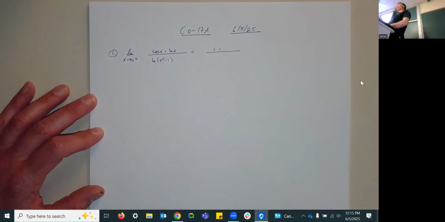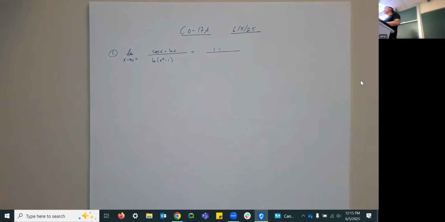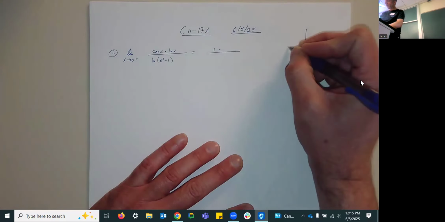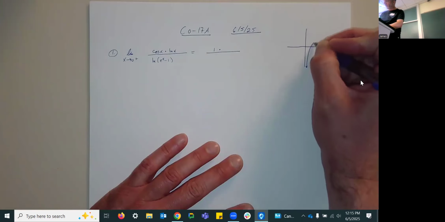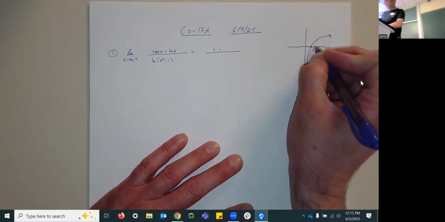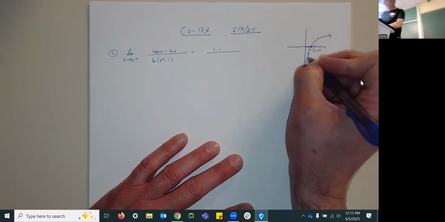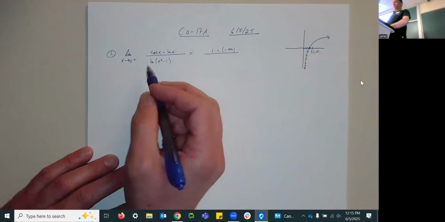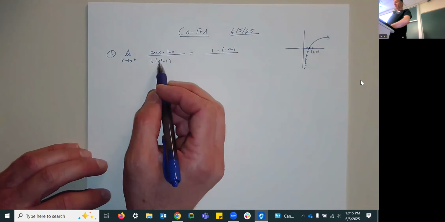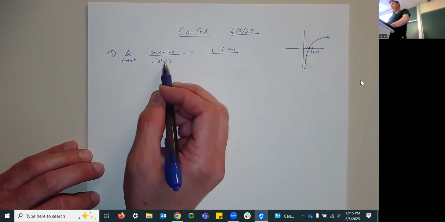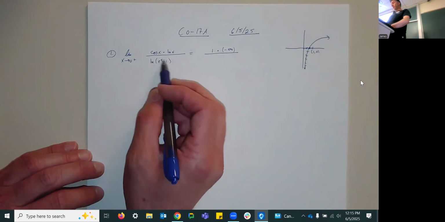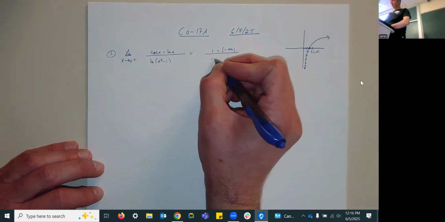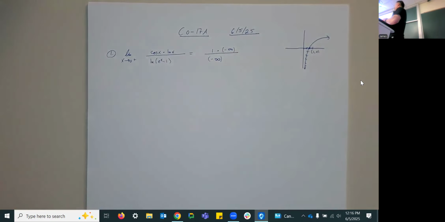If you remember the natural log graph, here's y equal to the natural log of x, and as the x values get closer and closer to 0, the y values get very, very negative. So it goes to negative infinity. In the denominator, we also have the natural log of 0, because e to the 0 is 1, and 1 minus 1 is 0. Just like before, the natural log of something getting really close to 0 goes to negative infinity. So we have an infinity over infinity type.